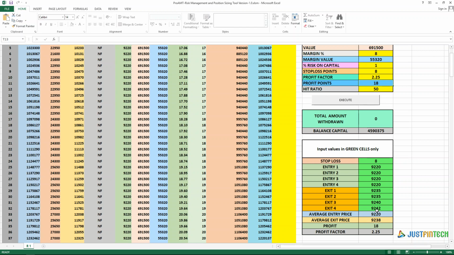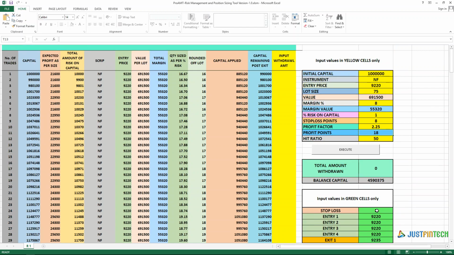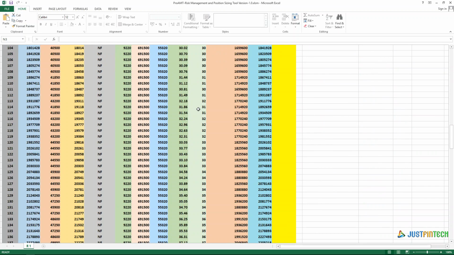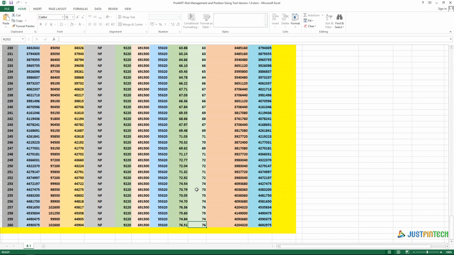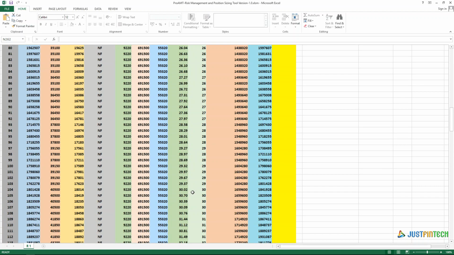What happened is just a difference of 2 points and 2 points again per lot, which doesn't look like much when we are actually trading, but that's the power of compounding, that over a period of time, because the lot size is adequate on your capital size, due to this size increasing over a period of time, you can see your buying power has increased to 76 lots by the time you reach 260 trades.